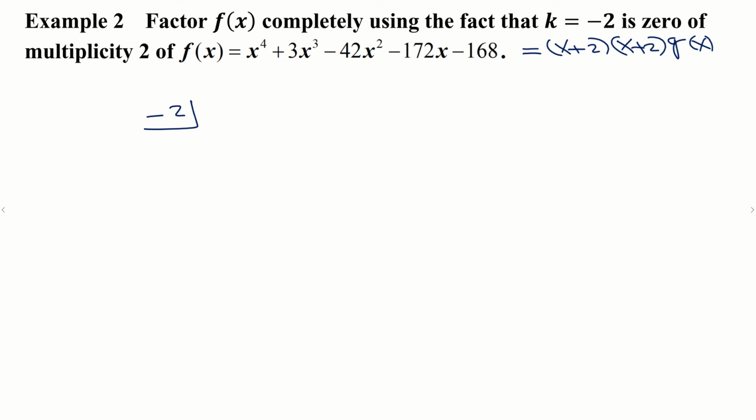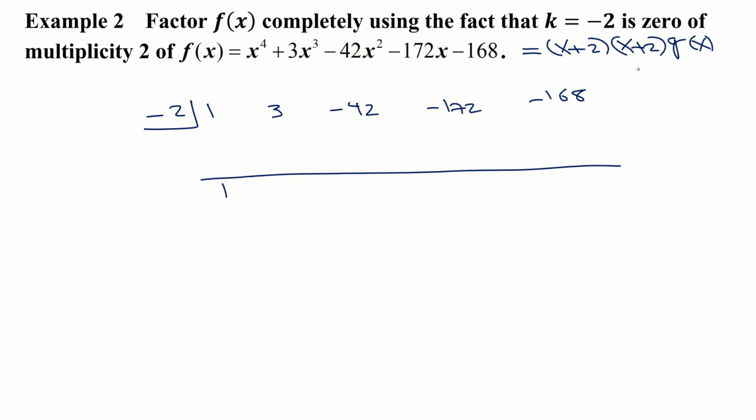And for our coefficients, we make sure it's in descending order and no missing terms, and that is indeed the case. So we have 1, 3, negative 42, negative 172, negative 168, right?